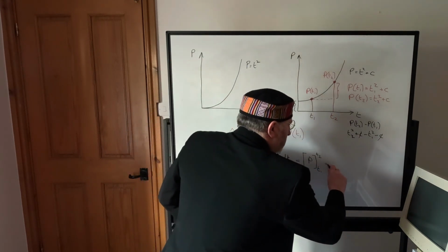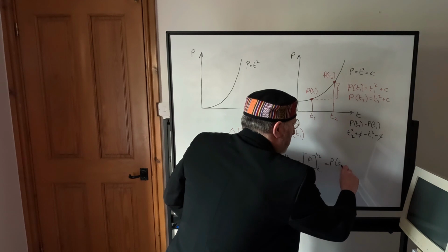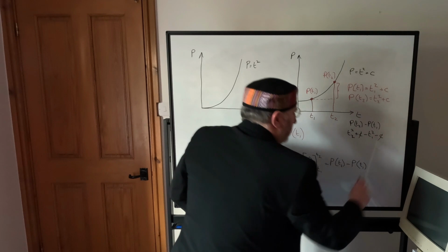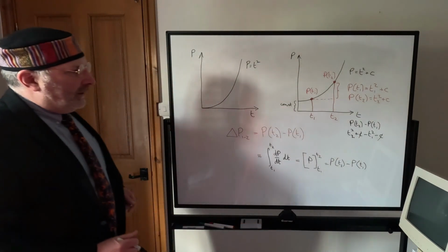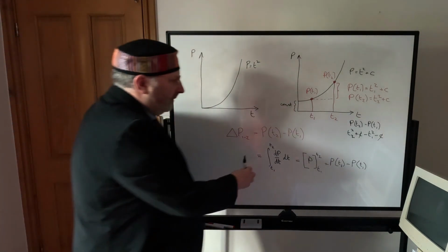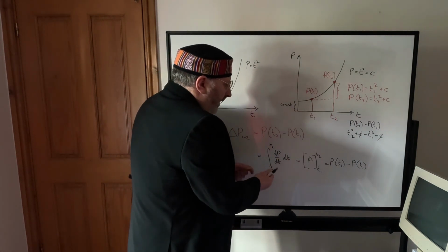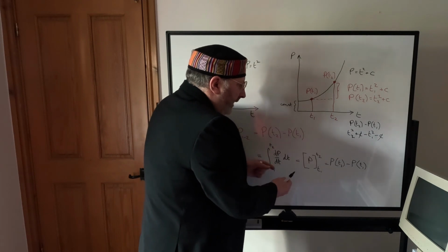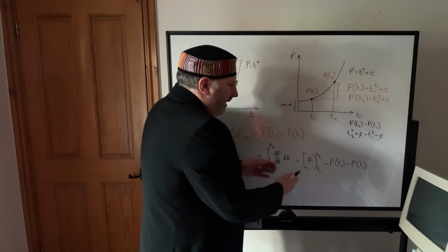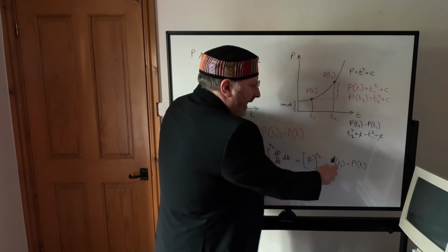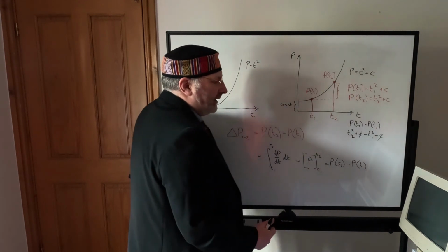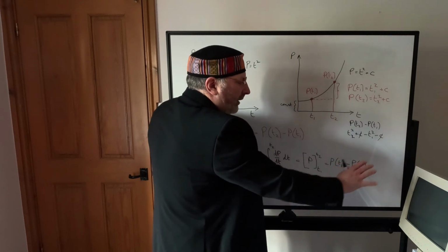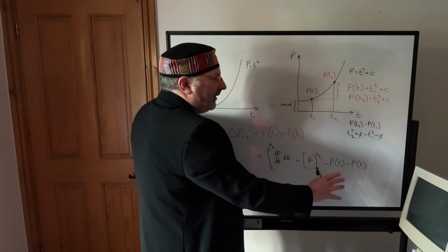So it just means that's P of t2 minus P of t1. So that is the general formula. If we find the change between two points, it's given by the antiderivative taken at those two points and the difference between them. And that does not depend on any constant of integration, so we can ignore any constant. We'll get a definite answer.